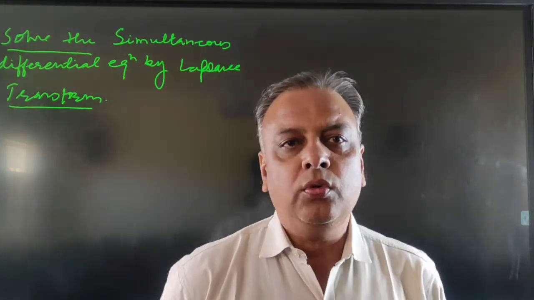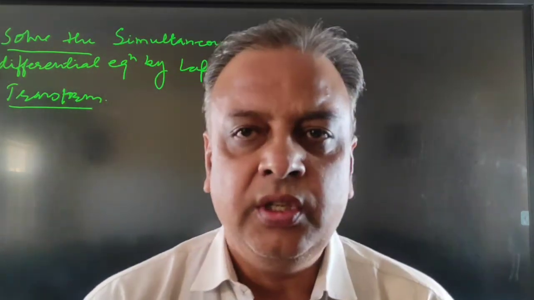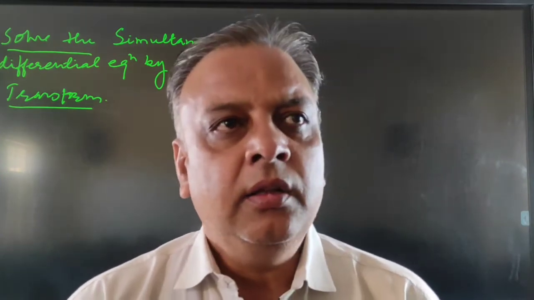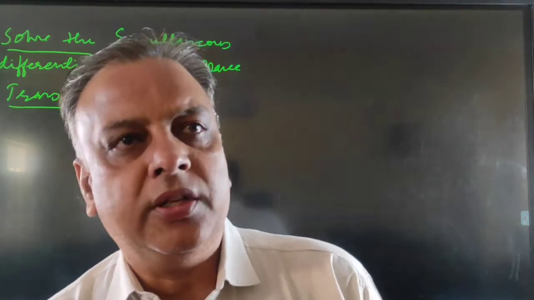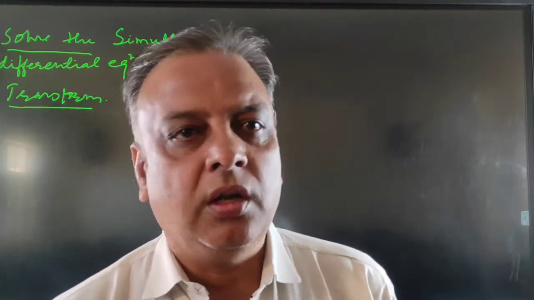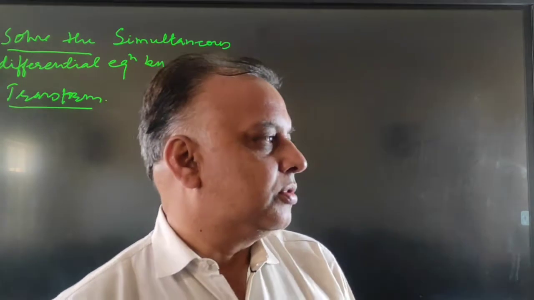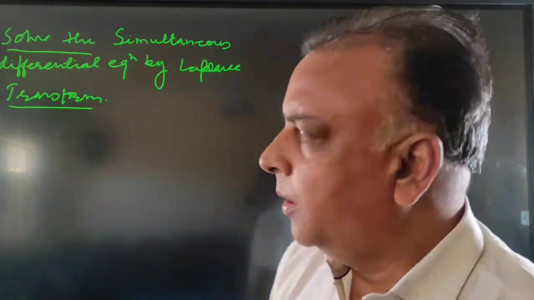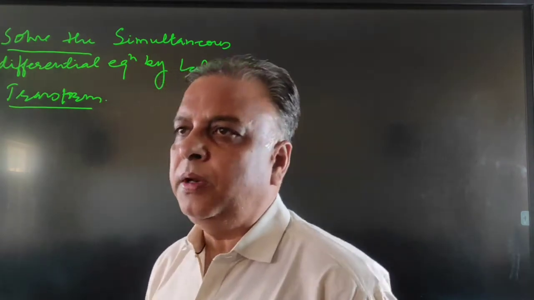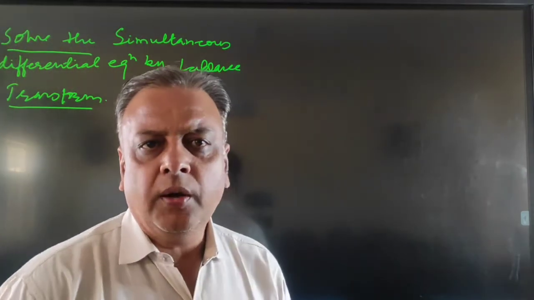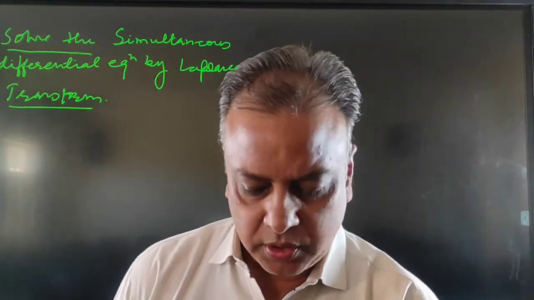First we find the subsidiary equations in x bar and y bar, and finally, if we take the inverse Laplace transformation of x bar and y bar with respect to t, we get the required solution of the simultaneous differential equations. So the method is very simple. Now we solve some problems of this type.